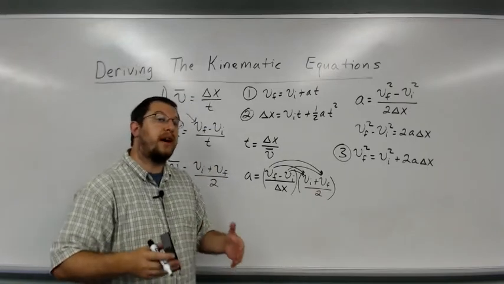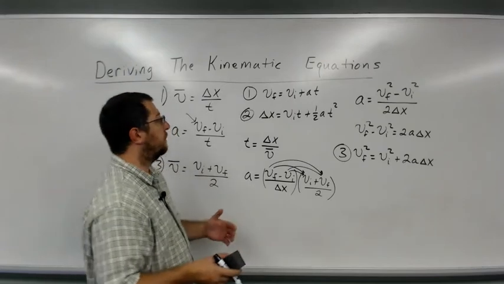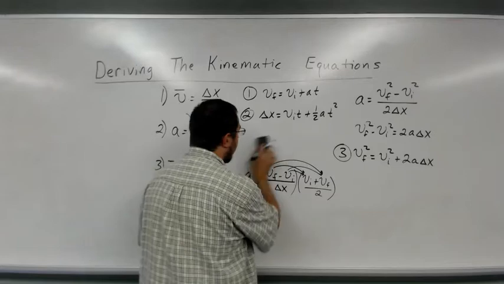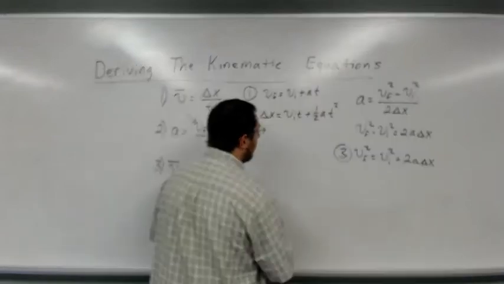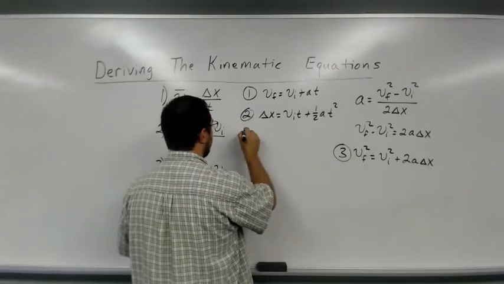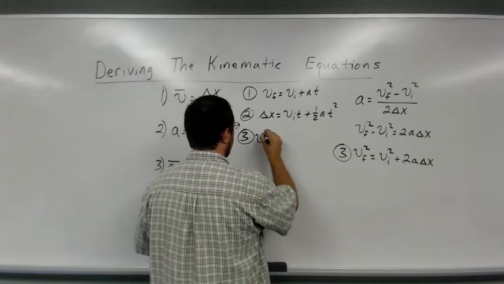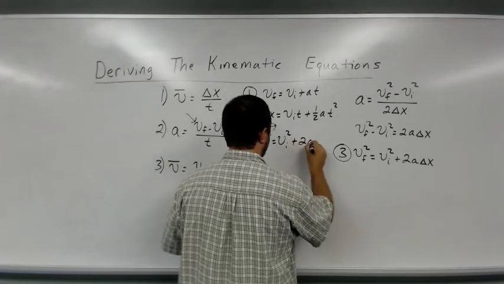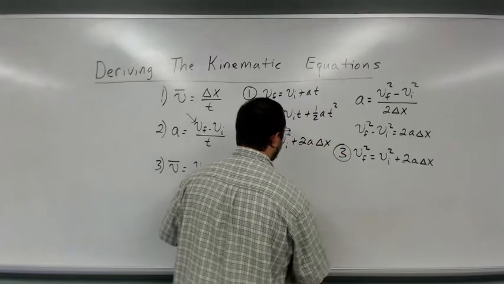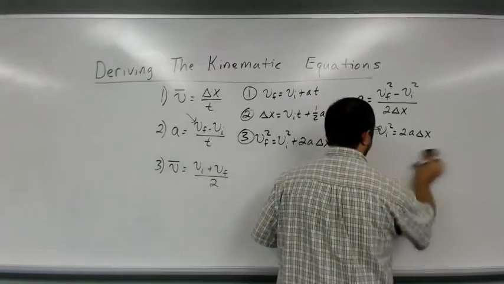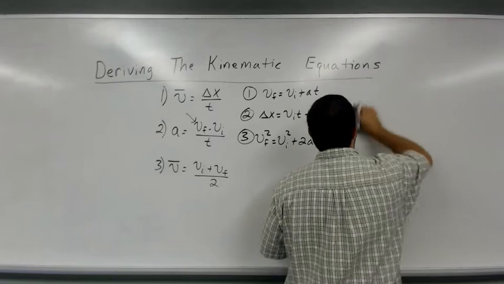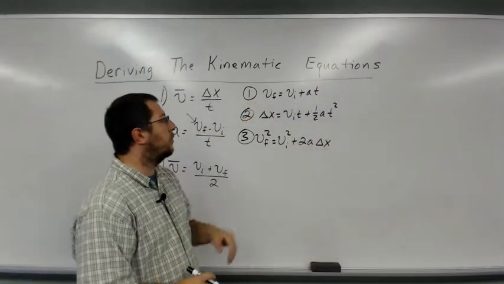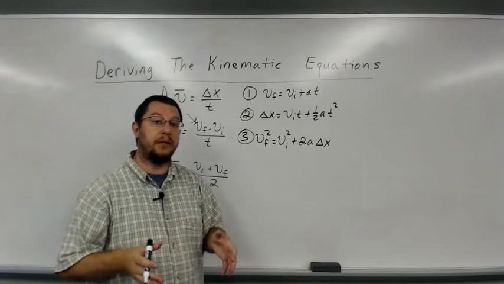You could derive a 4th kinematic equation, okay? Now, let's summarize what we've got and talk about what the other one would be. So our first kinematic equation ignores position.